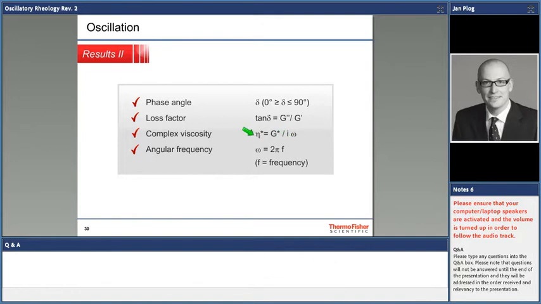How that compares to the shear viscosity I'm going to talk about later on when we talk about the Cox-Merz rule. And as I said, very important, we get a measure for this characteristic speed. The angular frequency or angular velocity, omega, which is nothing else but 2 pi times the frequency that you work at, gives you a direct correlation to shear rate.